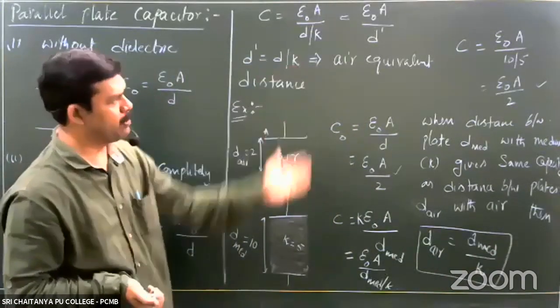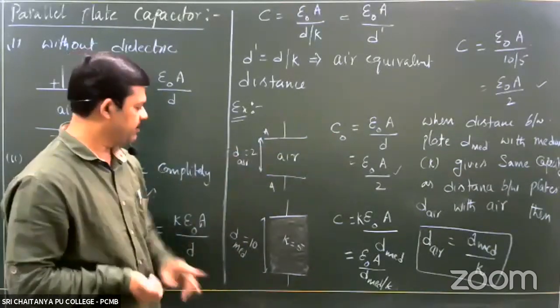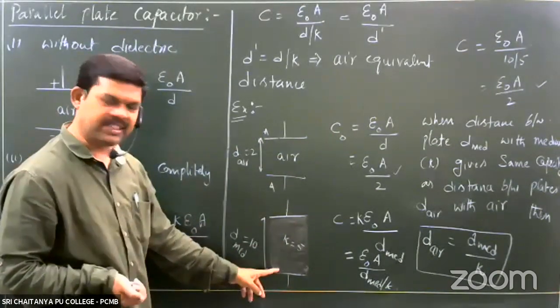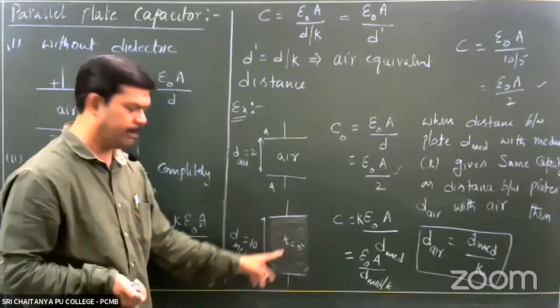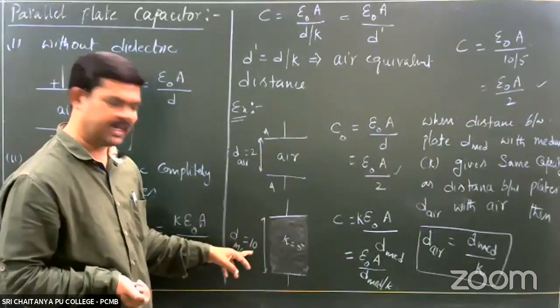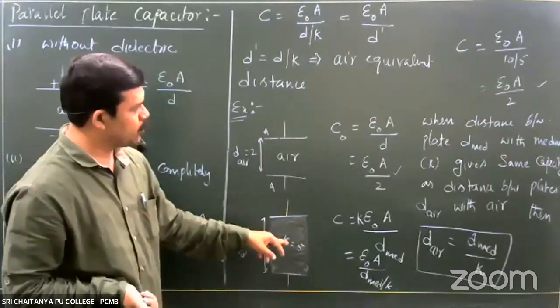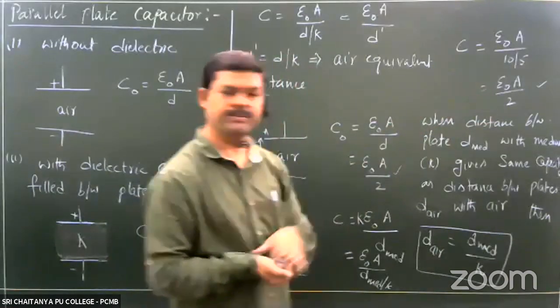Right? In this example, with air separation D, it is giving some capacity. But here the separation increased, the gap is filled with a certain medium. The distance is not the same as this. This is 10 with the dielectric medium of constant 5. But in these two cases, we are getting the same capacity.